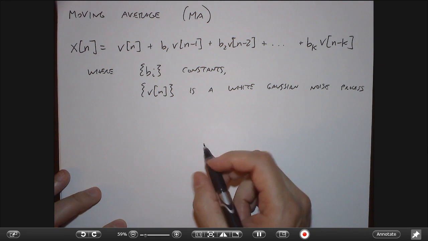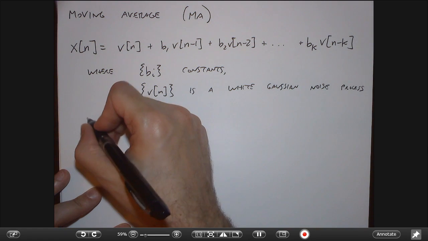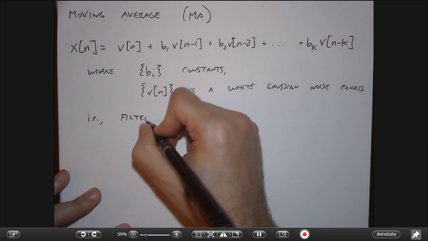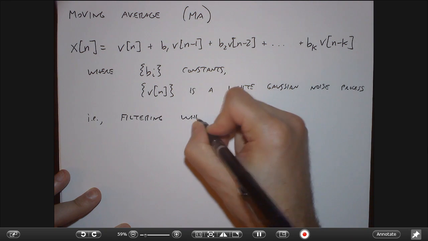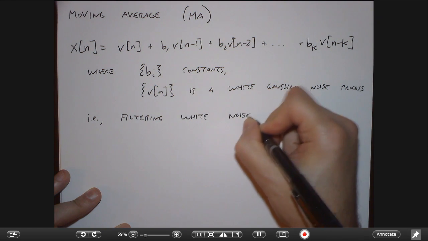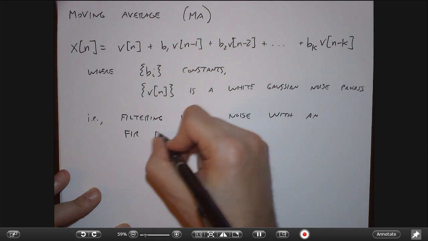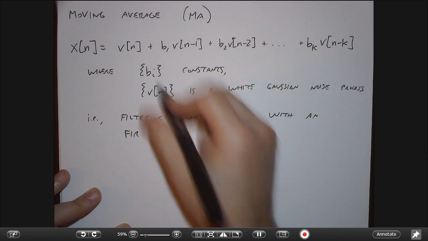And so this is basically like saying what I'm doing is filtering white noise with an FIR filter, where the coefficients are given by the b's, right?